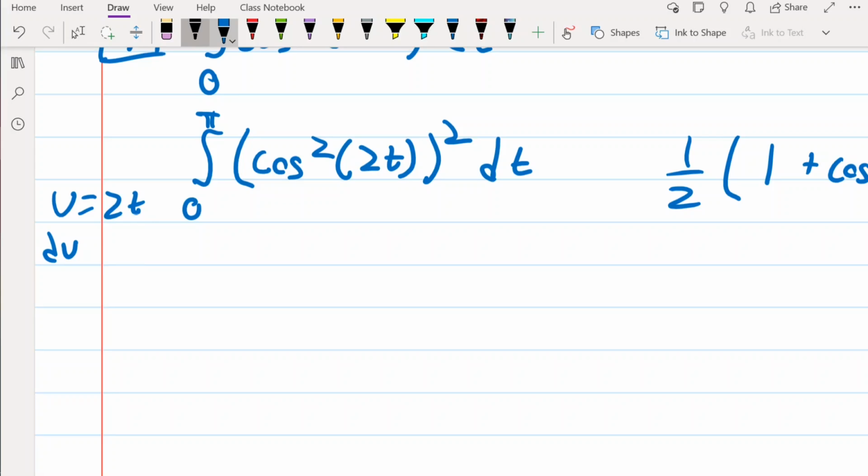We need to power reduce it one time, but we have this 2t right here, so in order to power reduce it, we need to make this a u. That will be 2 dt. Then du over 2 equals dt. And then we get from 0 to pi of cosine squared of u squared du, and we bring 1/2 out to the front.